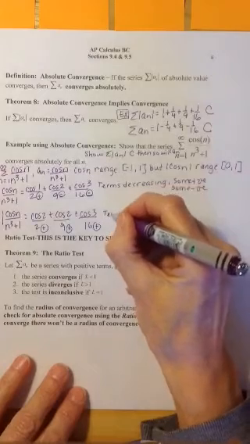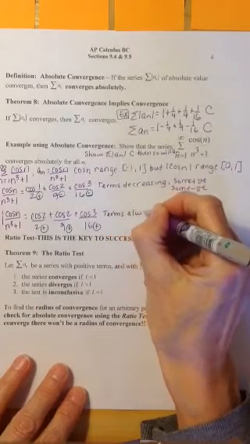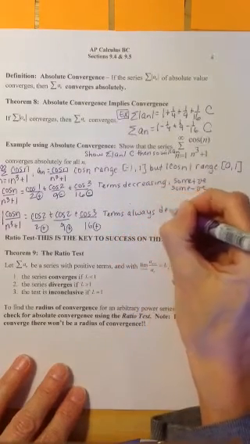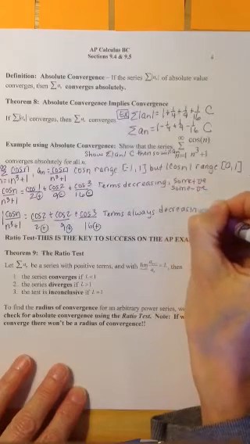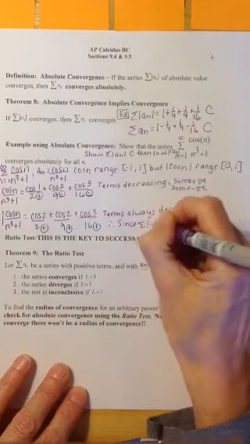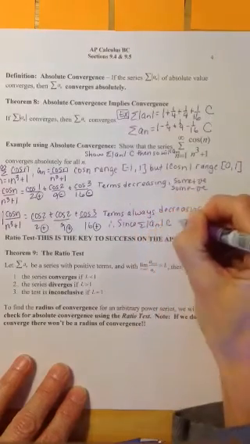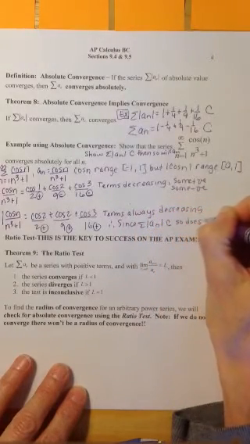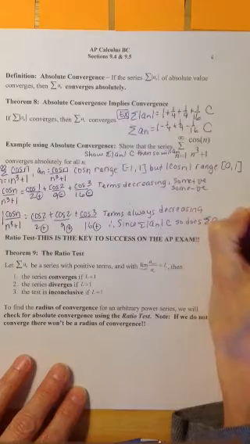So again, I'm going to say terms always decreasing, and then we can conclude since the absolute value of a sub n converges, so does a sub n.